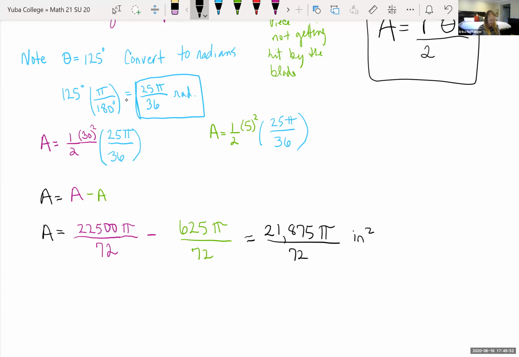Let's see, which is approximately, if you put that in the calculator, approximately 303.8 square inches.